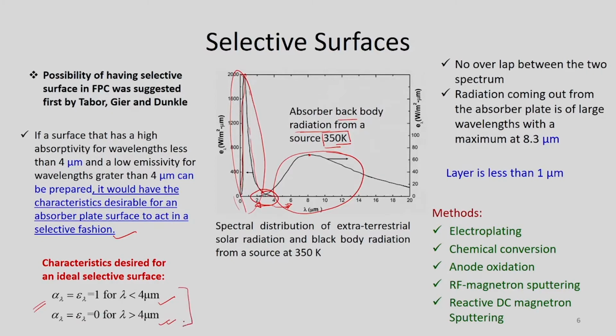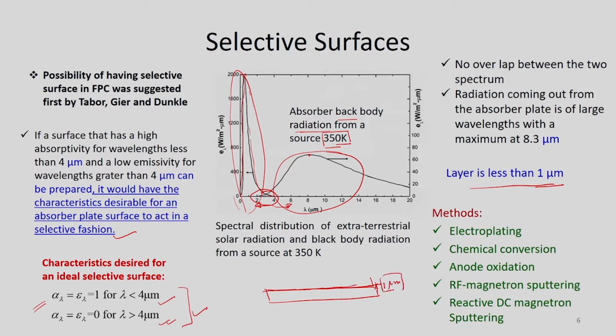If we can make this kind of system, then we can maximize the amount of solar radiation received in the collector system, right. The layer we are talking about is normally less than 1 micron. Say, for example, this is an absorber plate, and on the top of it this layer is placed. The thickness of the layer is normally less than 1 micron.